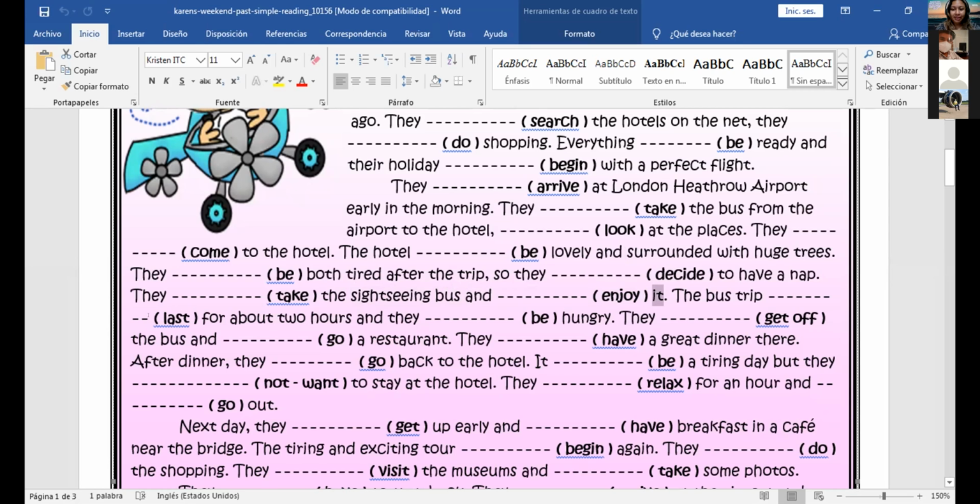The bus trip lasted, repeat it with me, lasted for about 2 hours, and they were hungry. They got off the bus.